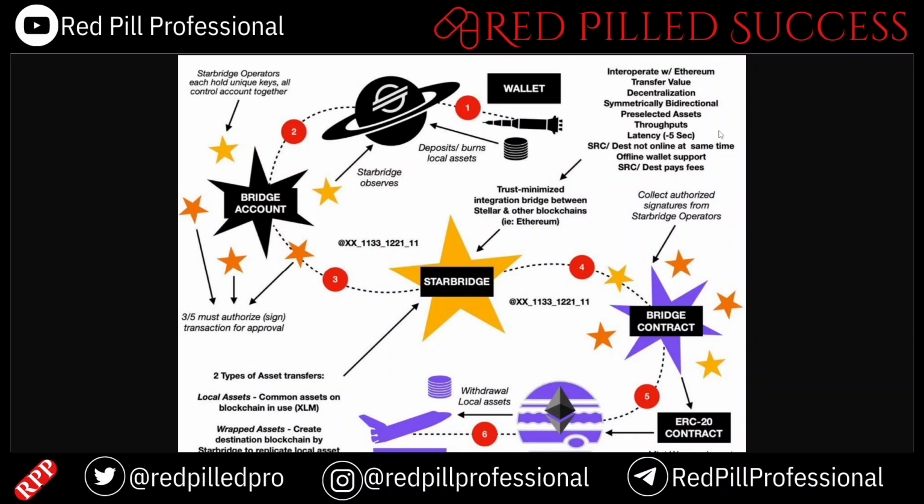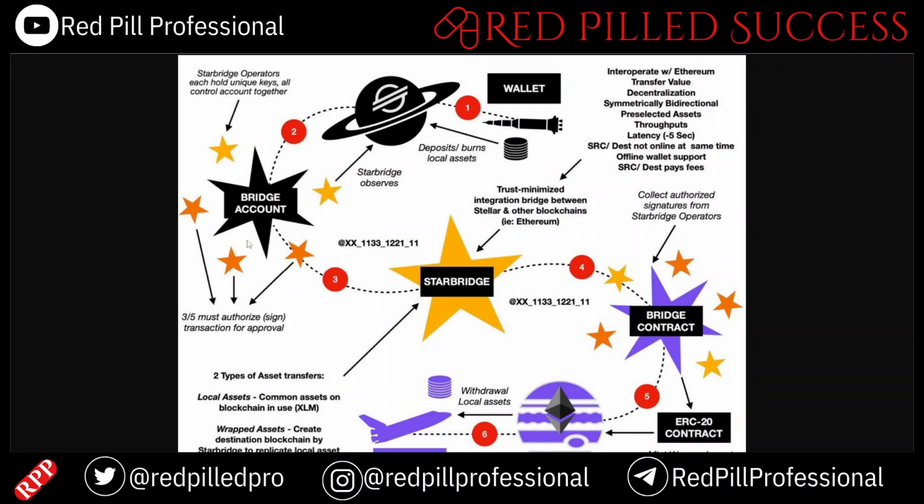So to review, there is a wallet that you put your actual XLM on, and then you have this bridge account, which is what is connecting your XLM side and your Ethereum side.